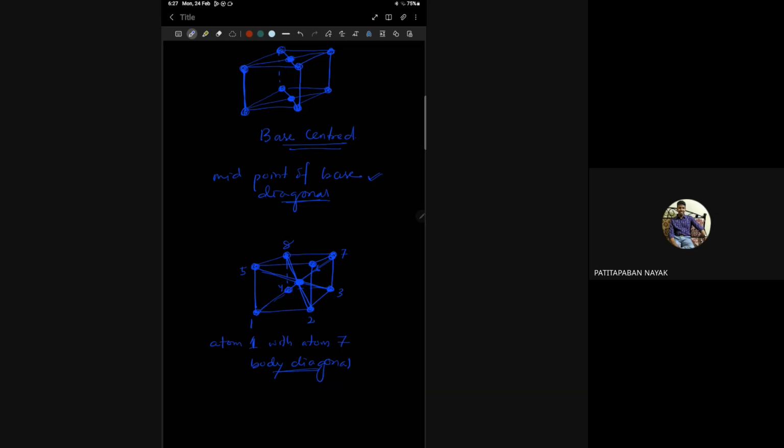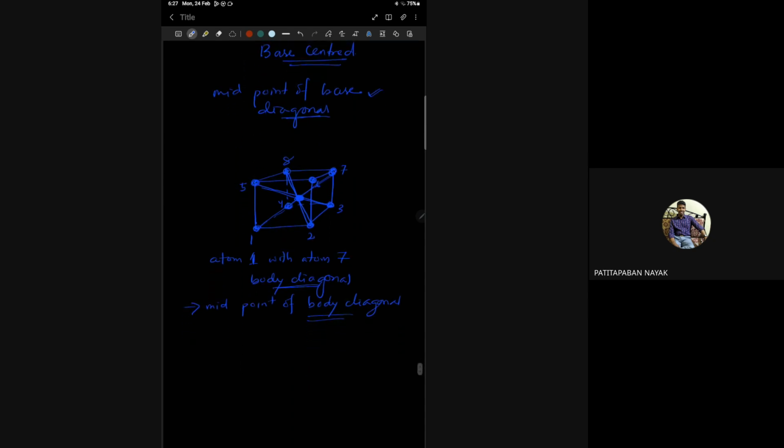So this kind of structure, where you have atoms at the corners and one atom at the midpoint of the body diagonal, is called body center.